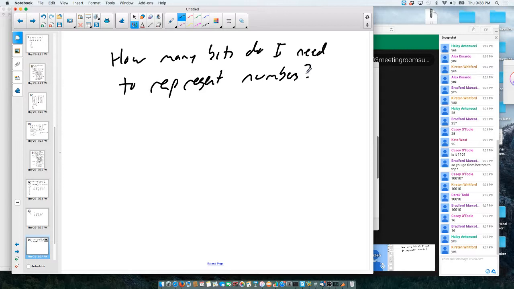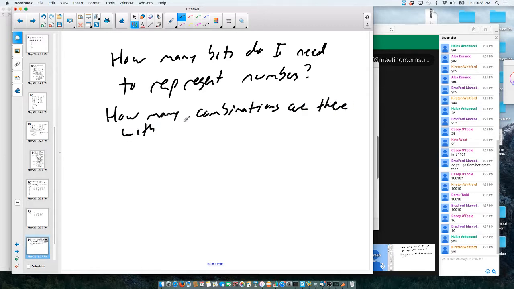More than I need for a decimal number, right? 16, which is 2 digits, you guys told me was 5 different bits, right? So another way of asking this is, how many combinations are there with some number of bits?